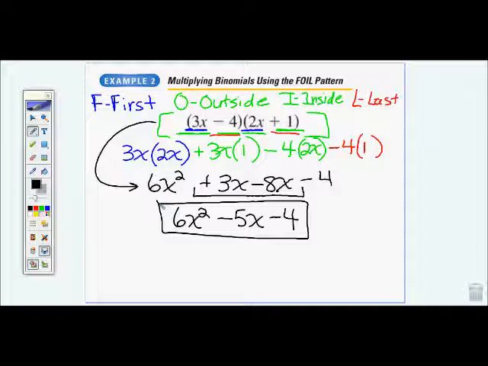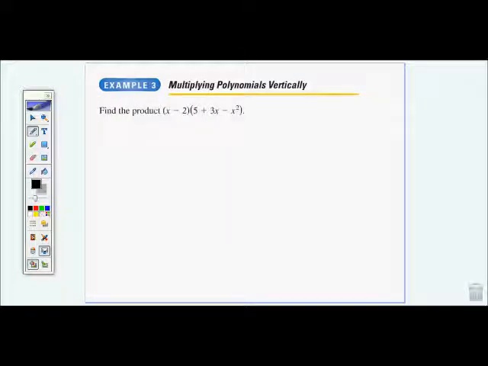All right. This time we're going to multiply vertically. This is one that I don't recommend. It is the way that you first learn how to multiply. So I do see the maybe the safety of that, but I think with all these terms it makes it a little bit harder. The first thing we're going to do is look for the longest term, and that's the trinomial there, and that one's going to go on top, the same as when you first learn multiplication.